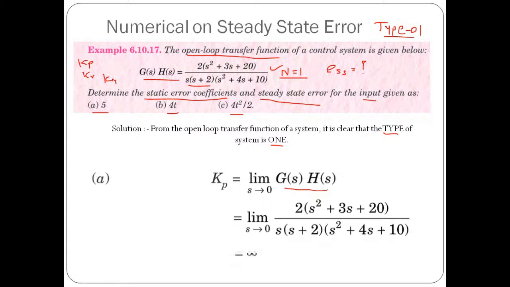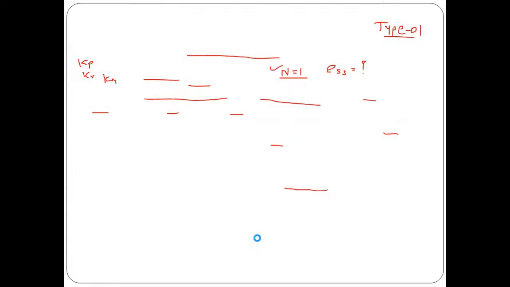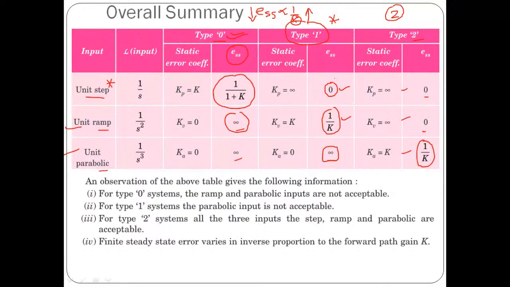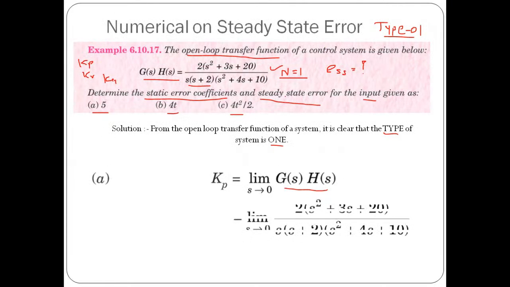So if you solve this limit, you will get the value of Kp as infinite. And this must be a correct answer. Why? Because in the concluding statement, whenever we are dealing with type 1 system, the value of Kp must be infinite. The same value we must get in the numerical, and we are also getting the same value. See, the value of Kp is nothing but infinite. This is important.